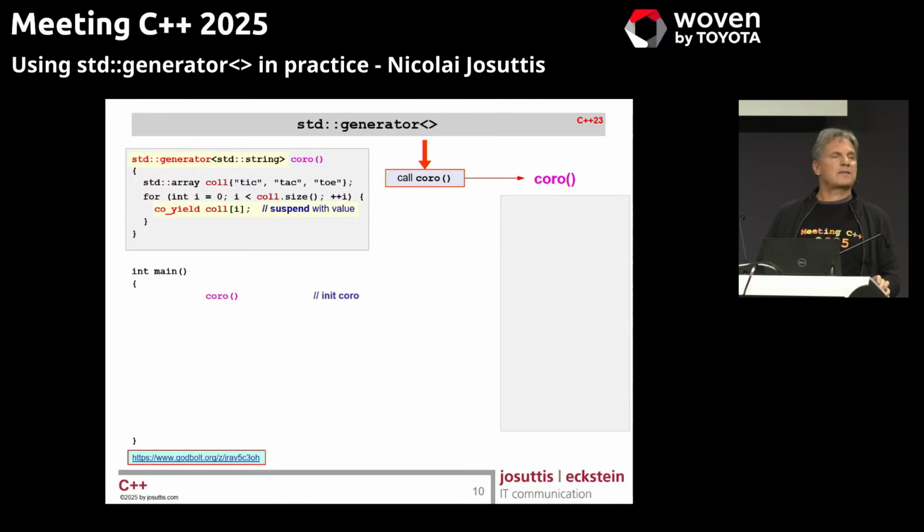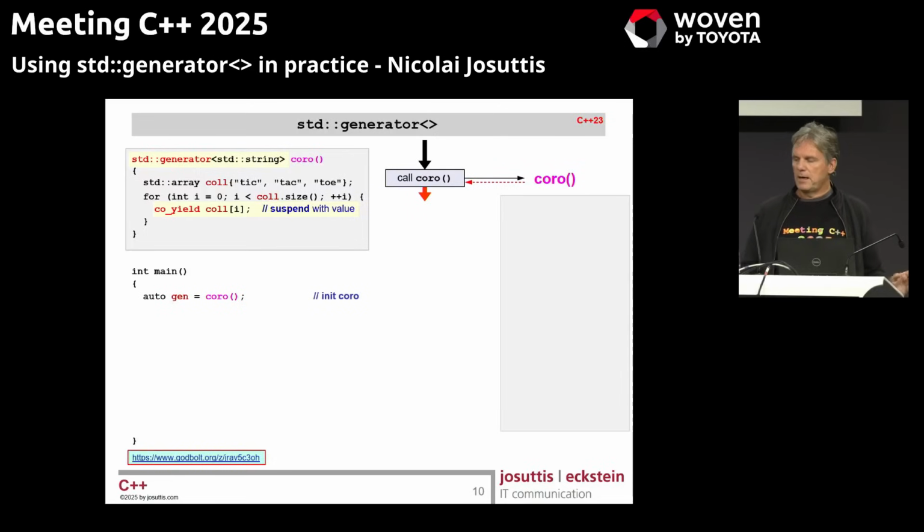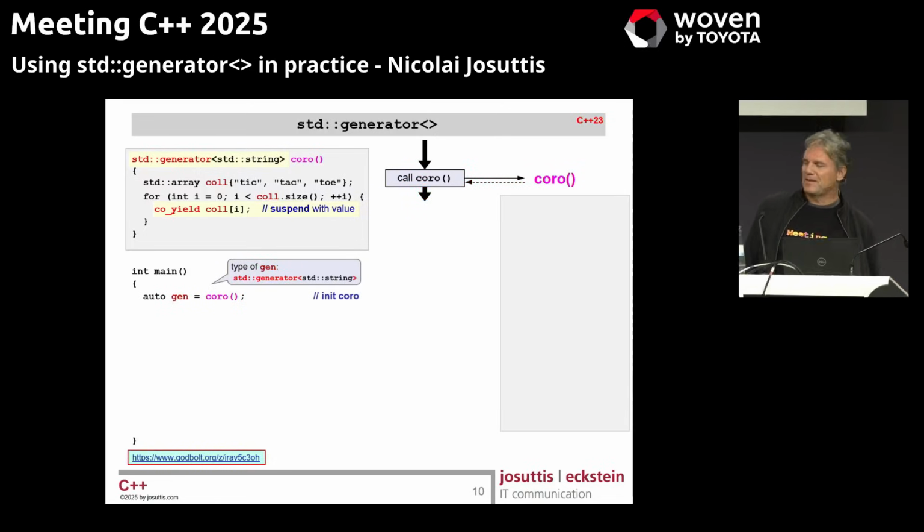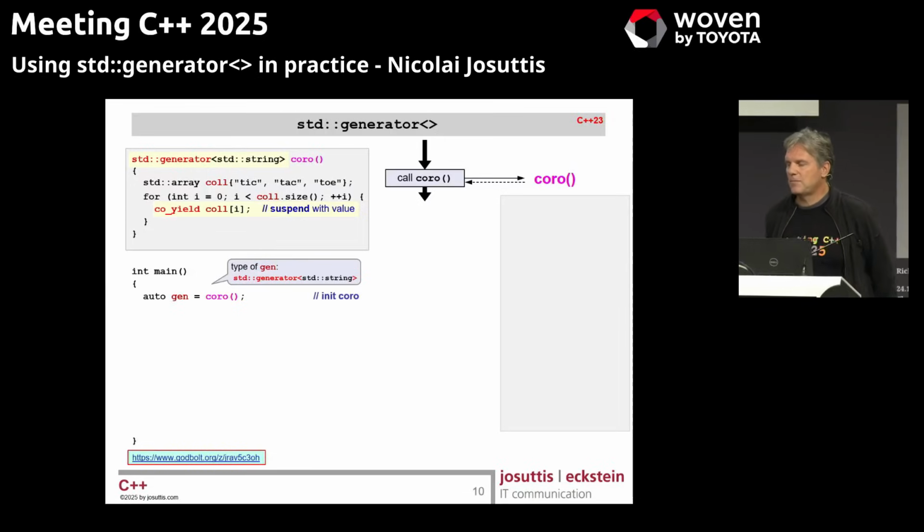Does it mean it starts to run? No, it does not. This initialization just creates internal stuff to deal with this coroutine. So we immediately return, and what we give back here is the return type of the coroutine. We create an object, and that object has the return type of the coroutine.